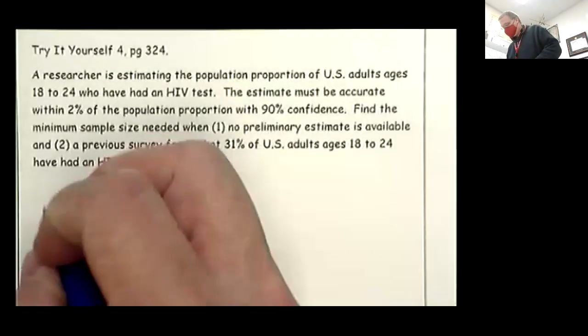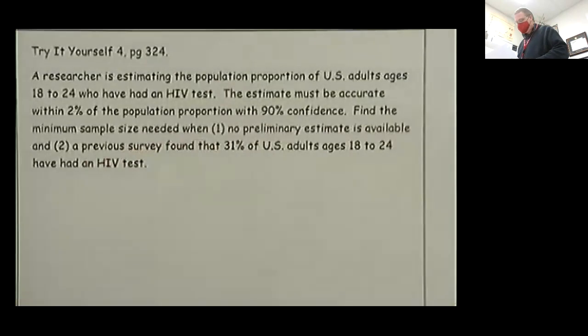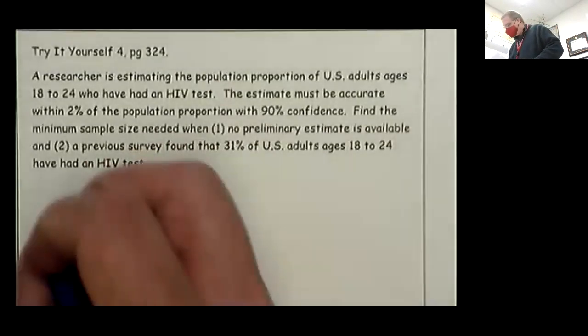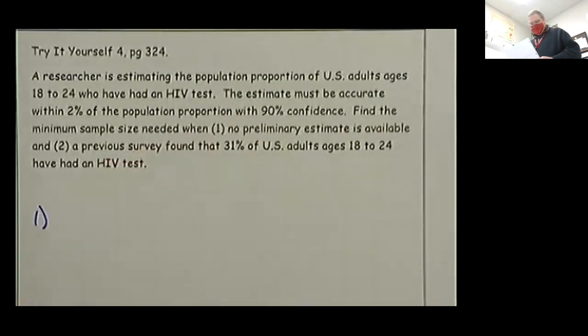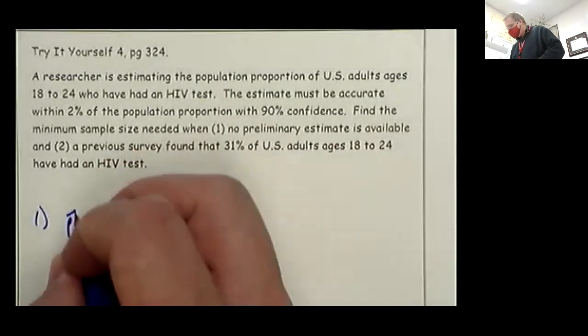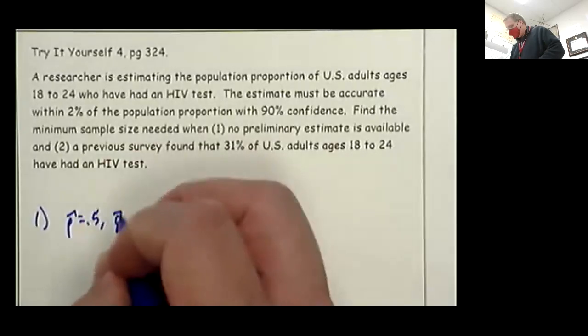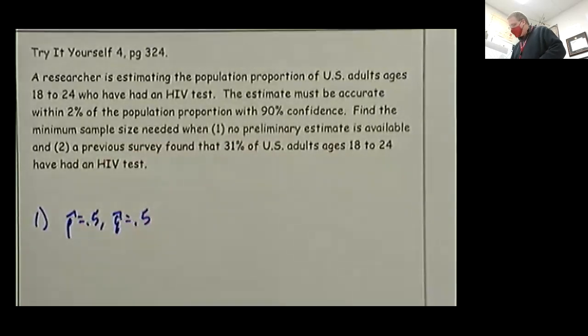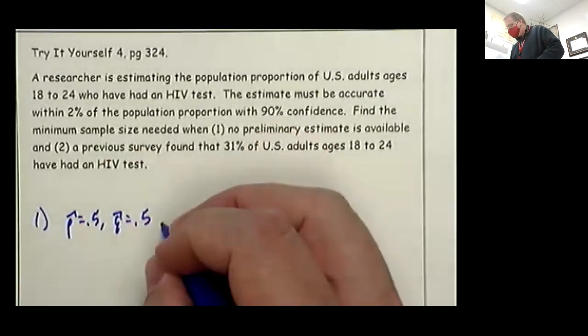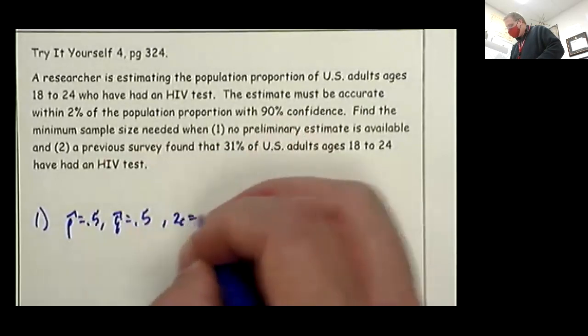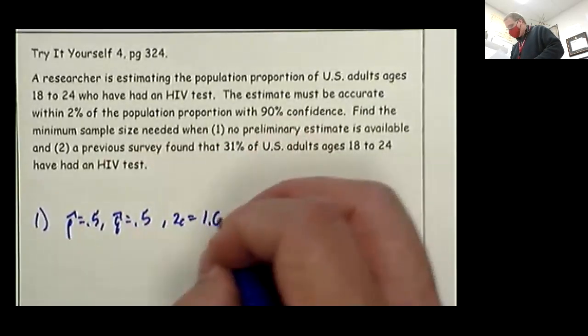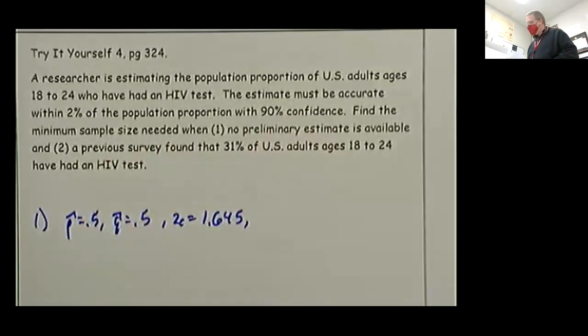Okay, so before we start, let's establish some information. For part 1, no preliminary estimates. So we're going to use a p hat of 0.5 and a q hat of 0.5. We're using a 90% confidence interval, so that's a zc score of 1.645 using our inverse norm.